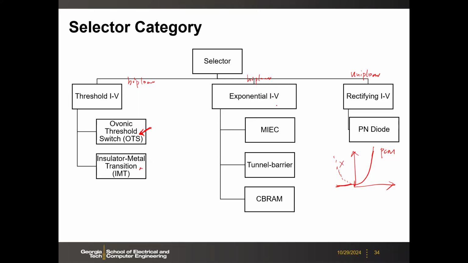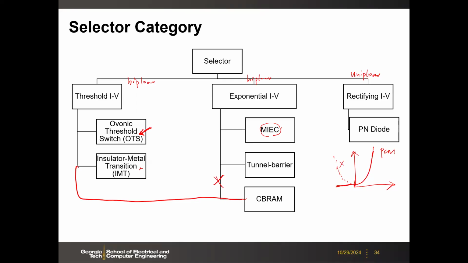So here in the exponential IV, there are different kinds of mechanisms, and actually I think something is wrong. So this one belongs to the threshold IV.